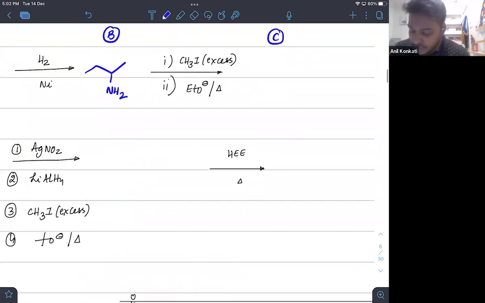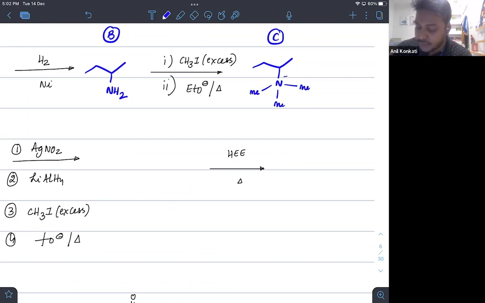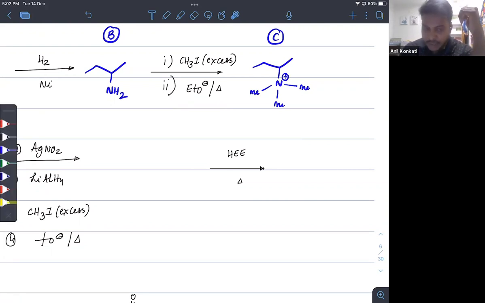So typically, you know how the methylation happens. We have 3 methyls getting connected. Via this exhaustive methylation, we will get the ammonium salt. And when you use the ammonium salt in a strong basic medium, it will undergo elimination. It can eliminate from either beta position.